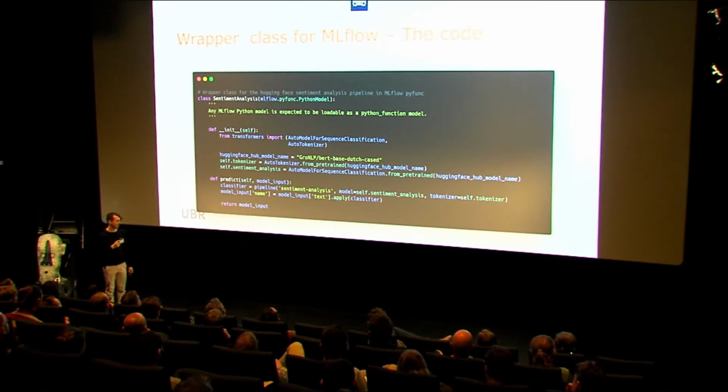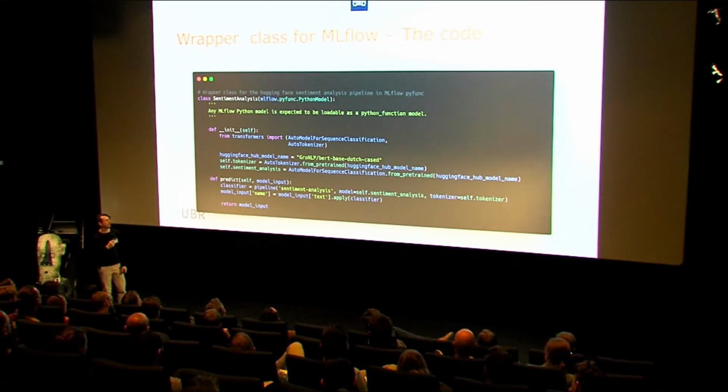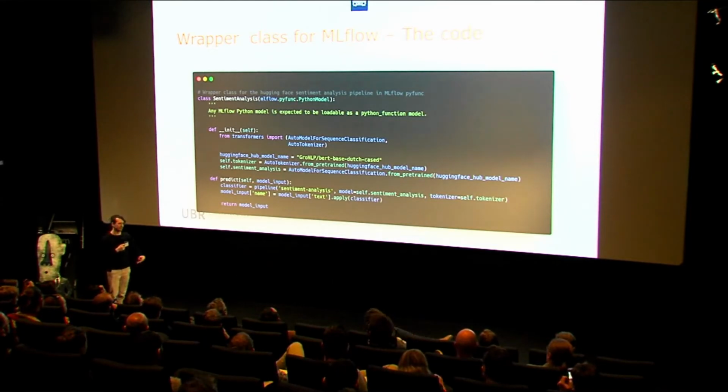That's first of all needed before you can put it in MLflow. And at the same time, you can potentially serve from this more general format, instead of having to write the REST API around your model itself. So that can be a great easy step to serving your model.